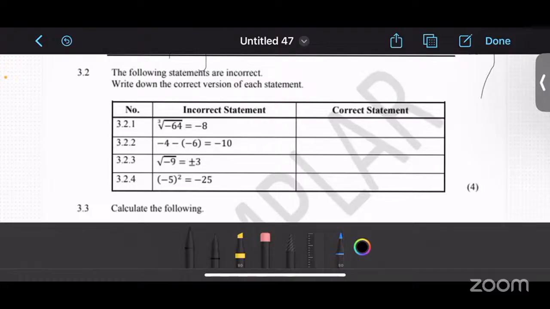True or false? Is that clear? Ma'am, may you please repeat? What is the correct answer? The correct answer for that one, we already answered. That's the answer.